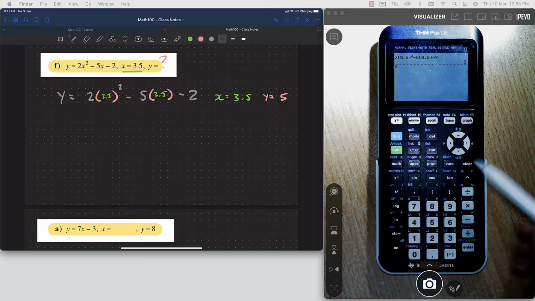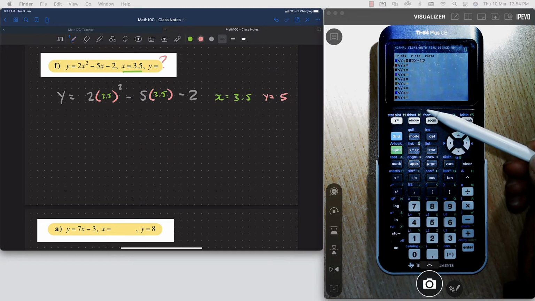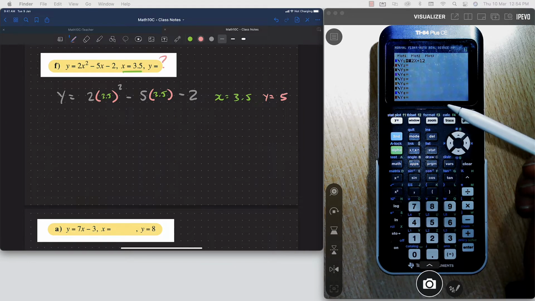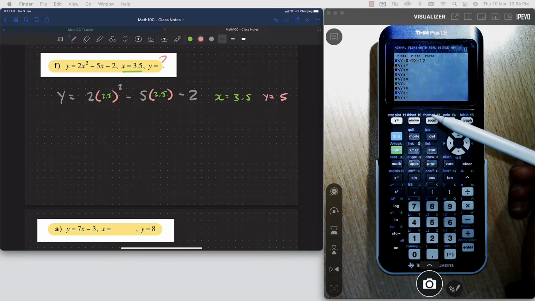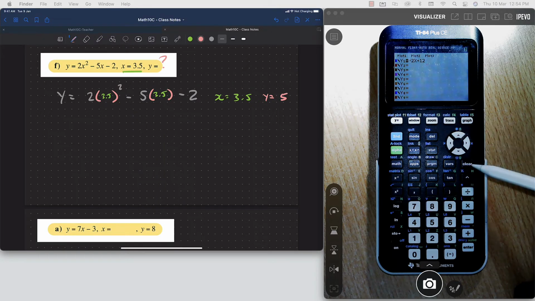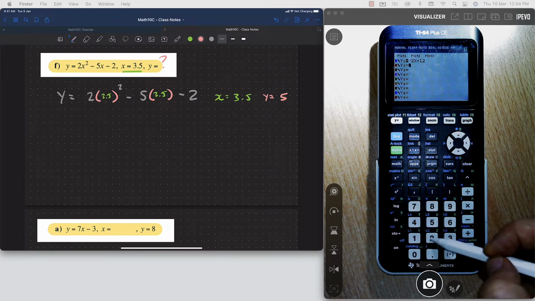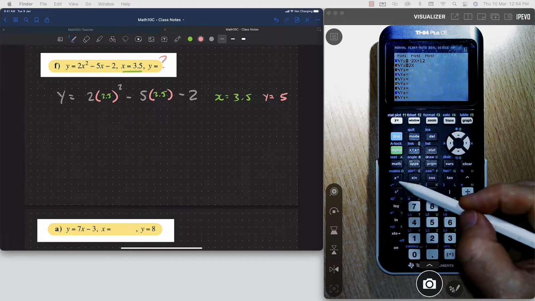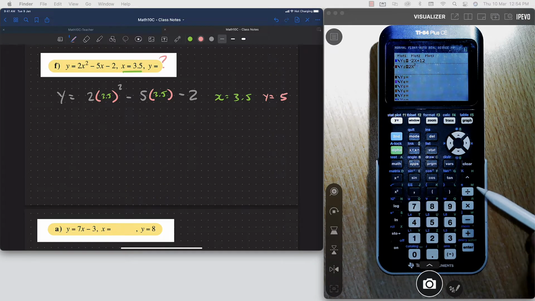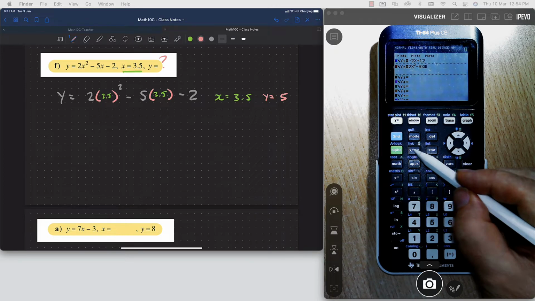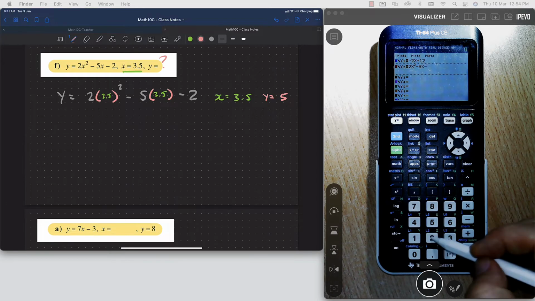And again, we could do the same thing by going into our y equals right here and punching in that equation. Now I can clear the original one, the y1, or I can go down to the next line and I can put this in again, which would be 2x squared minus 5x minus 2.